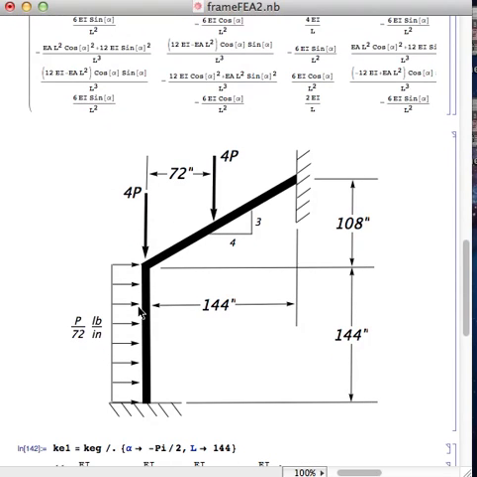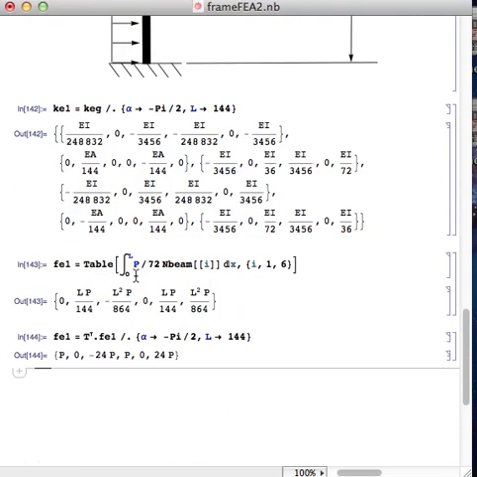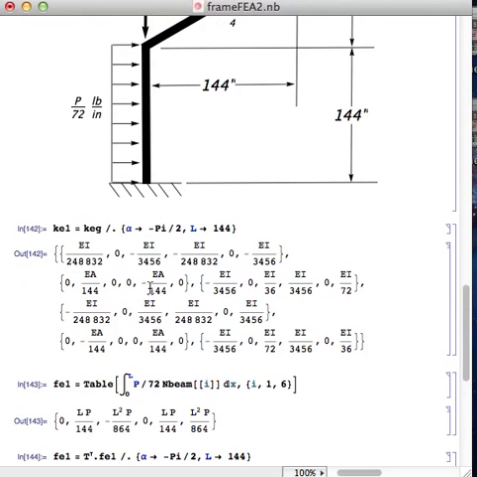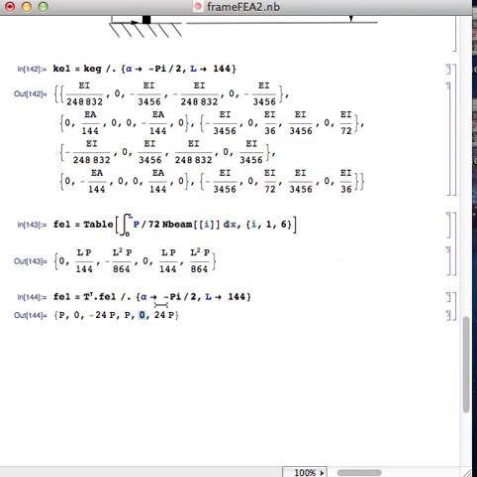I've only applied the distributed load, and therefore there's no force components in the up and down direction. There's zero, because everything is acting left and right. All right, so that's for the first element.